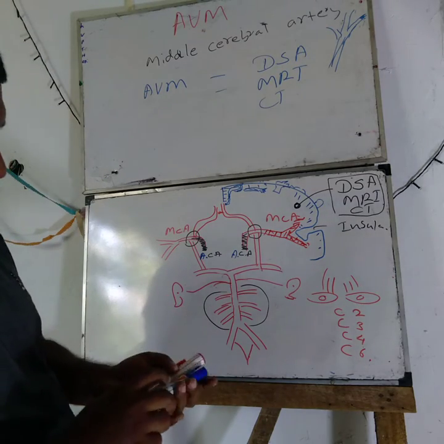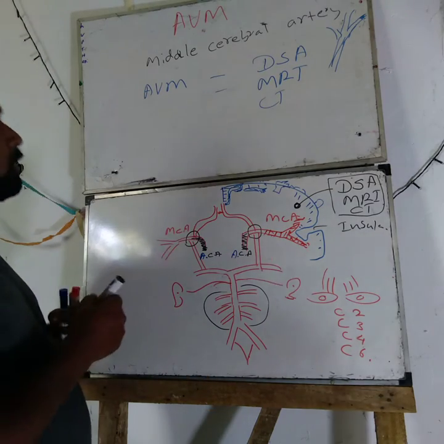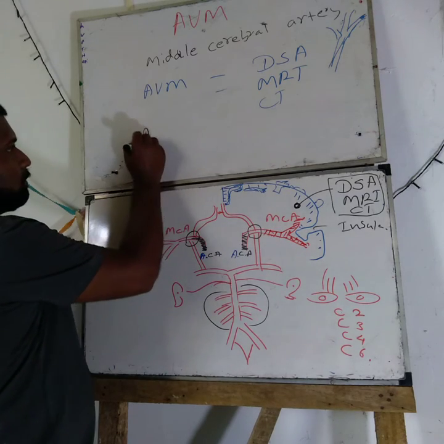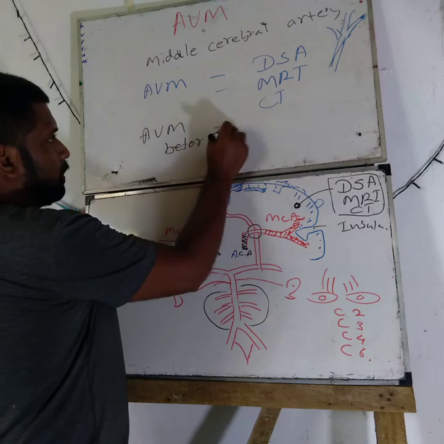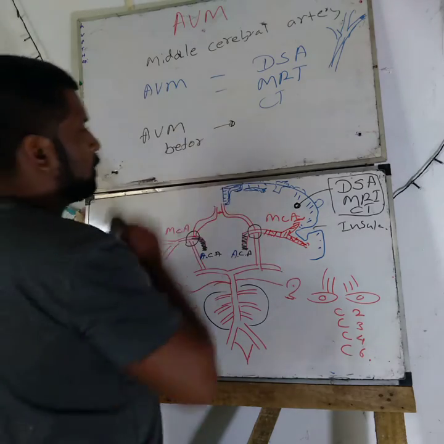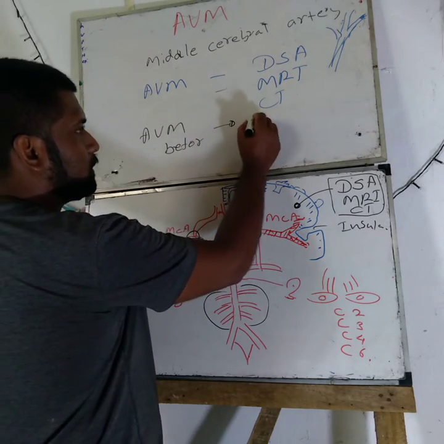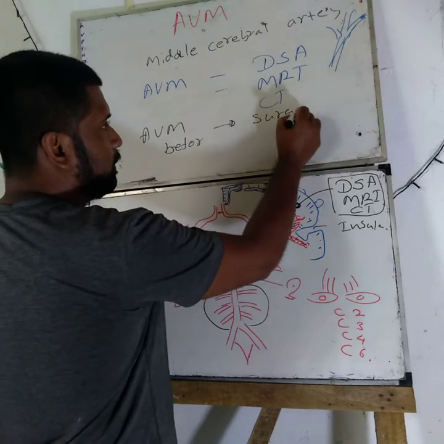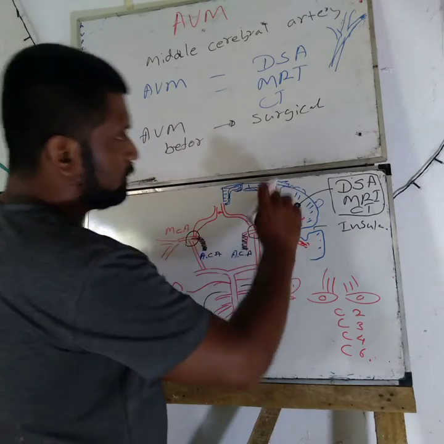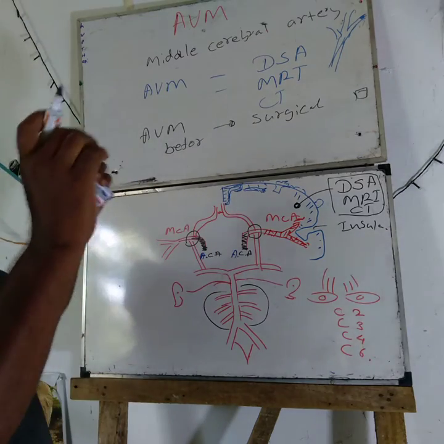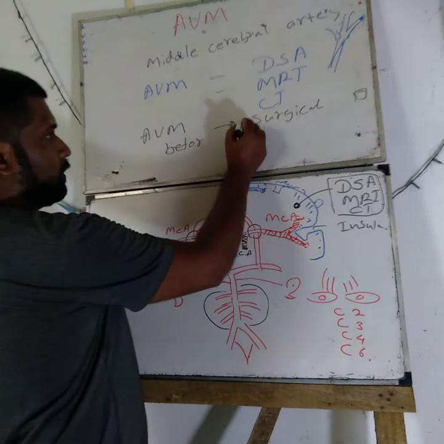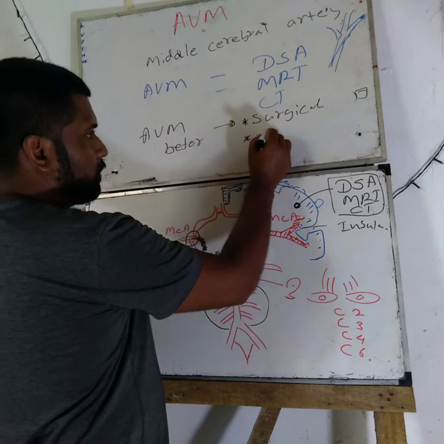Right, after we identify the AVM, this is the treatment. Surgical treatment: the skull is removed and we go in for surgery to correct that area. Then radiation therapy.